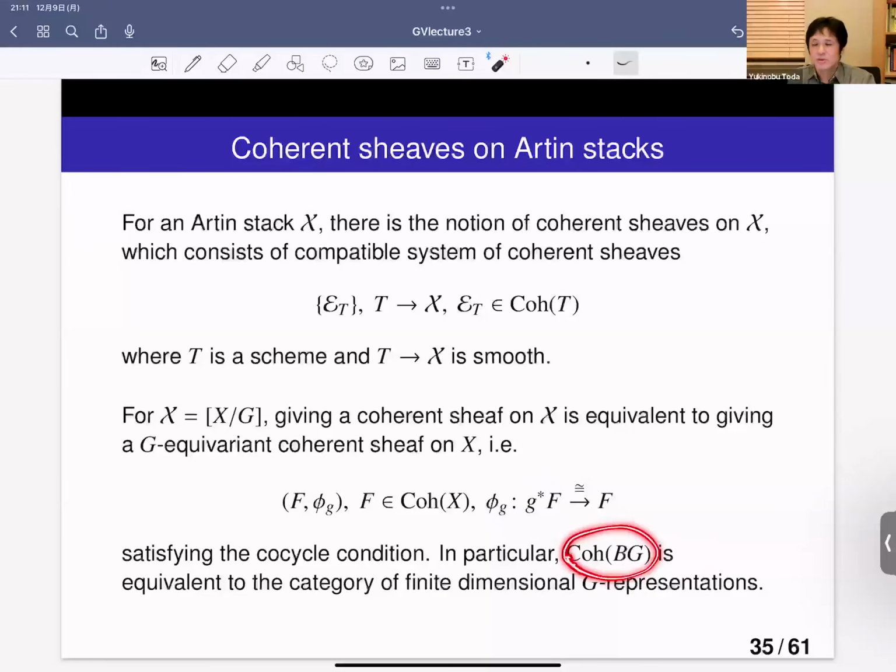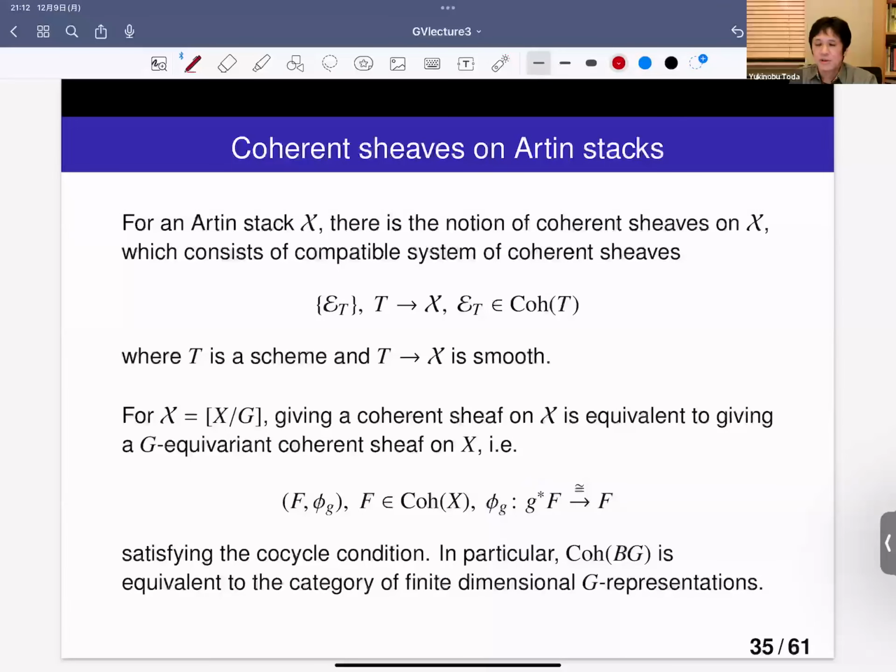So in particular, the category of coherent sheaves on this classifying stack is equivalent to the category of finite dimensional G representations, because in this case X is just a point, so F is nothing but a finite dimensional vector space.